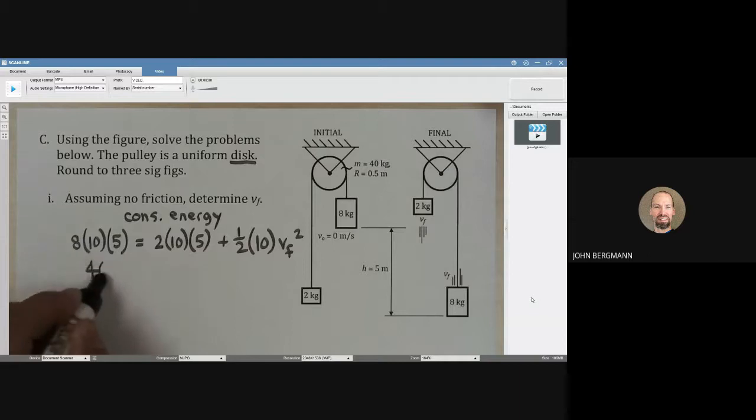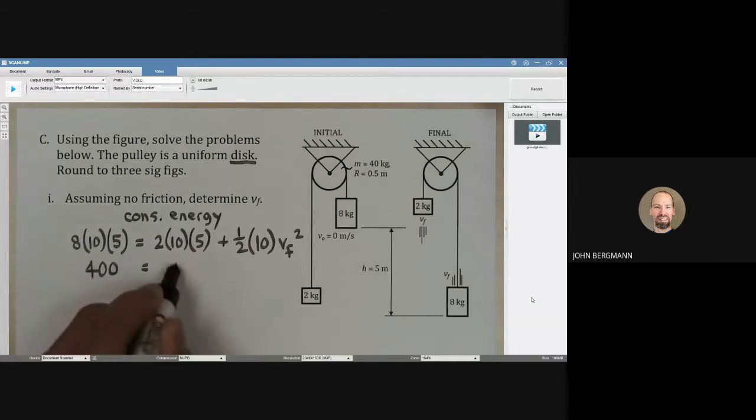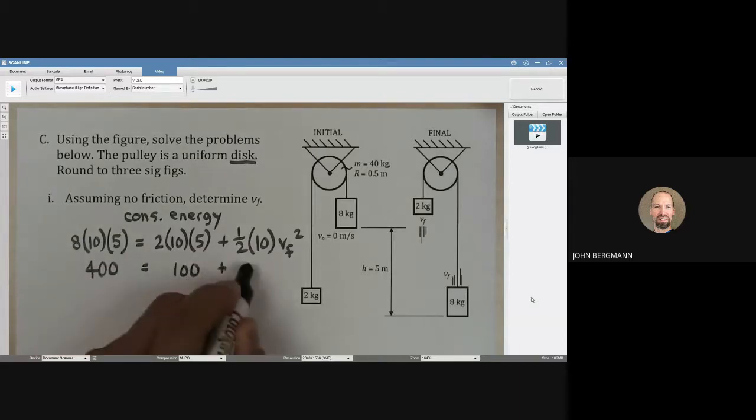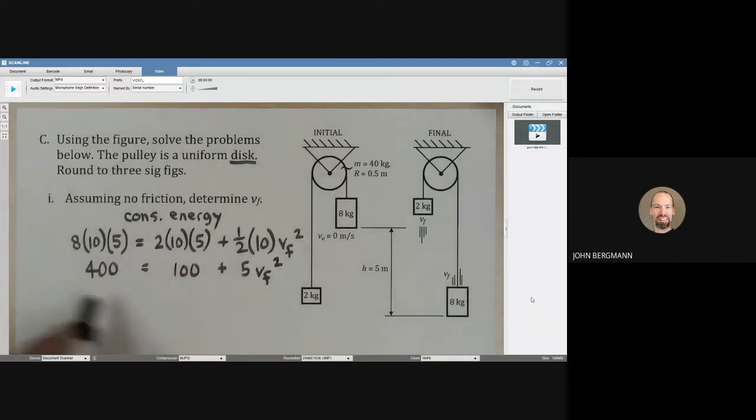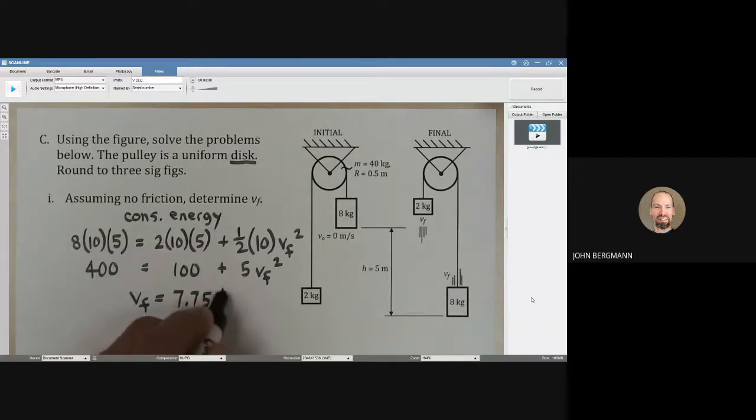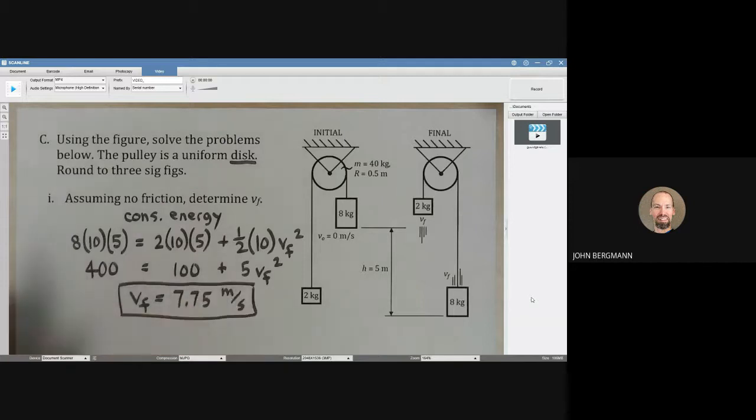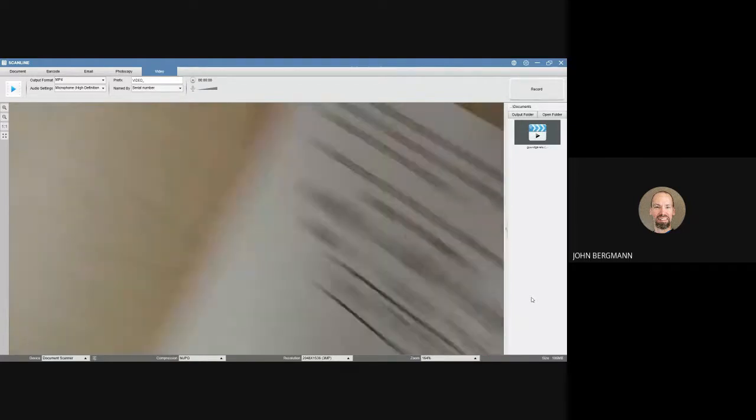This turns out to be 400, that turns out to be 100, and this is 5. So the square root of 60 is v final. My calculator says that is 7.75 meters per second. That's how fast that mass is going to hit once it has dropped 5 meters.